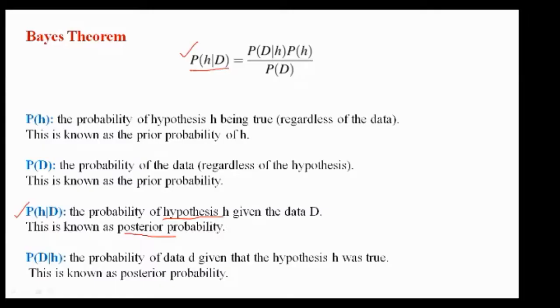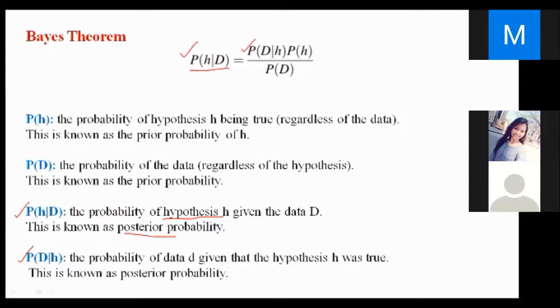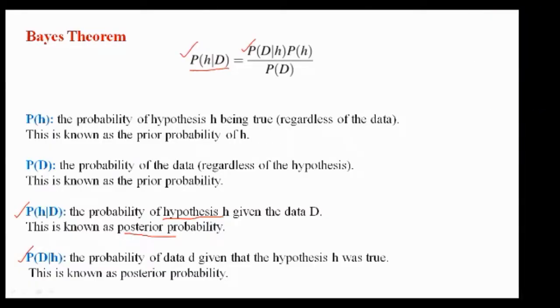In the example, it will be more clear. The second parameter used here is the probability of D given H. Again, H is the hypothesis. So the probability of data D given that the hypothesis was true. Here we are finding the probability of data D given hypothesis H, multiplied by P of H. P of H is the probability of hypothesis H being true regardless of data.